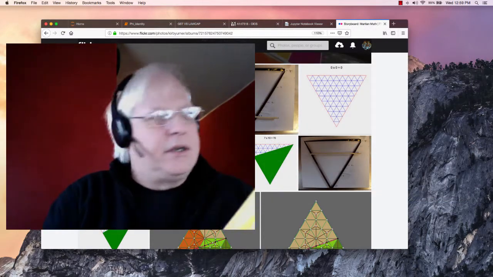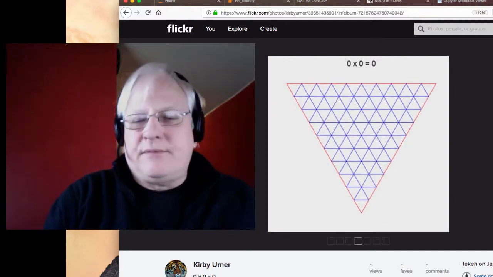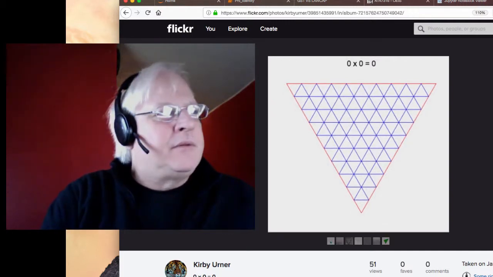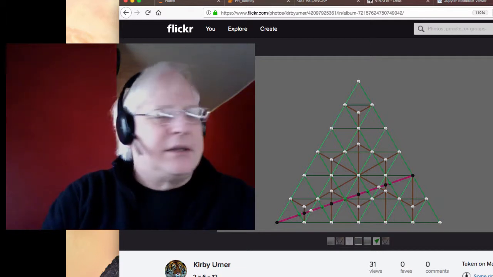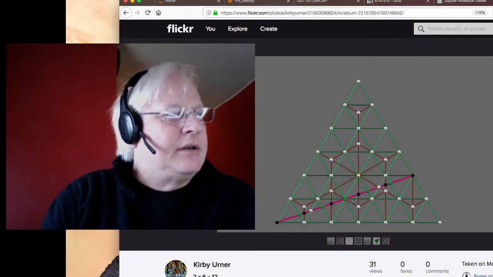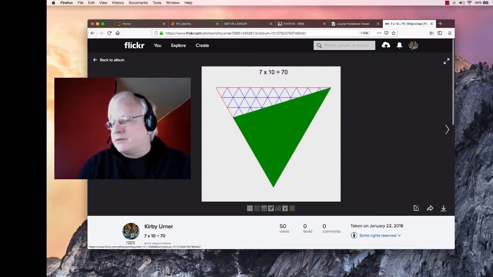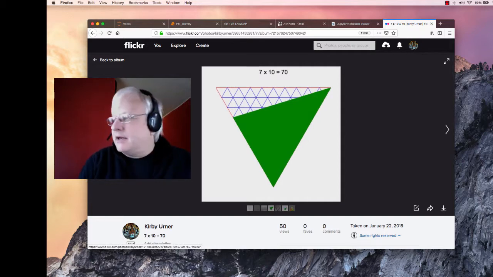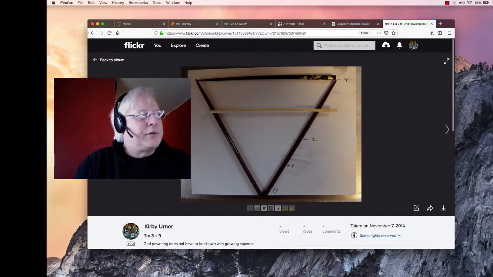What if we did it like we show here, starting with a grid of n by n, and multiplication looks something more like this. Now that's elaborate, but it's designed to fit into the Martian math curriculum we've been exploring. There are a lot of videos on that. So then we extrapolate to three numbers.